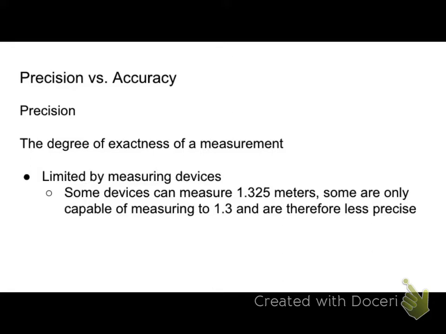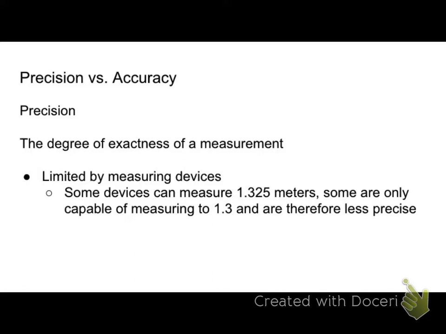But if you have a ruler that is a meter long and it measures meters, and then it also has markings at decimeters and centimeters and millimeters, now you can say, let's say it's 37 millimeters long, right? That's more precise because you can go out to more decimal places.